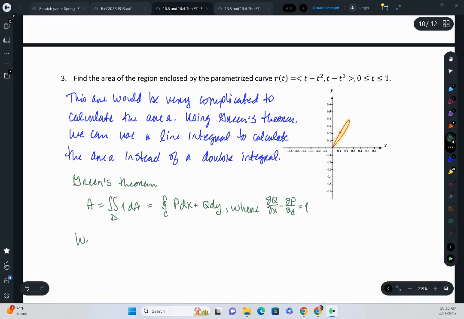So we need to choose p and q so that del q del x minus del p del y is equal to 1.